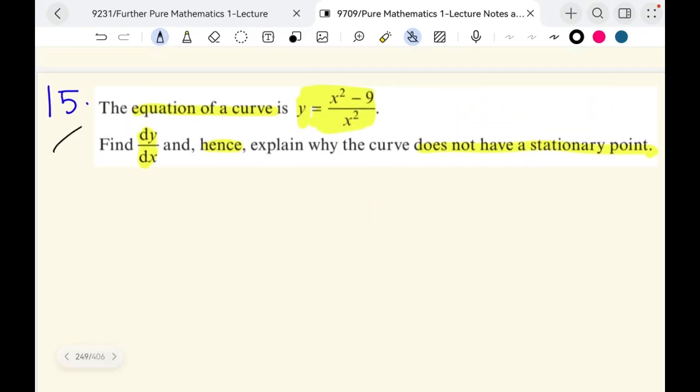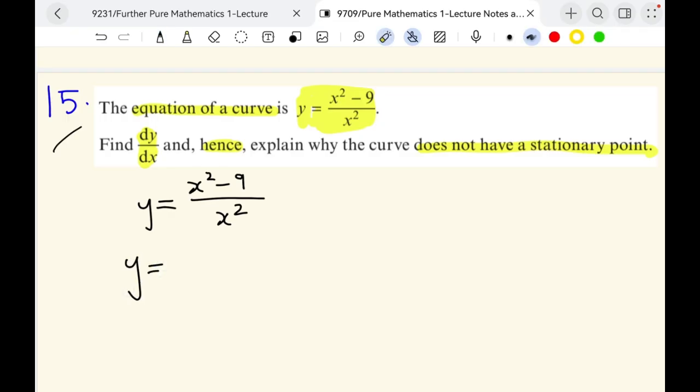Anyway, we just differentiate first. For this expression, this question is meant to be arranged like this, so instead we can simplify it to a clear expression.